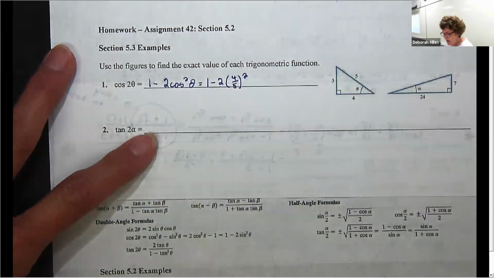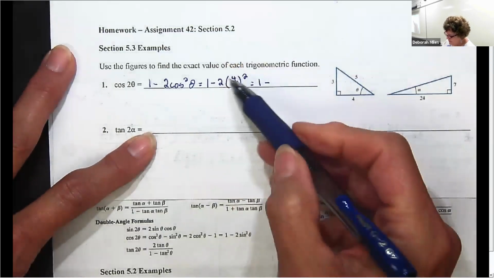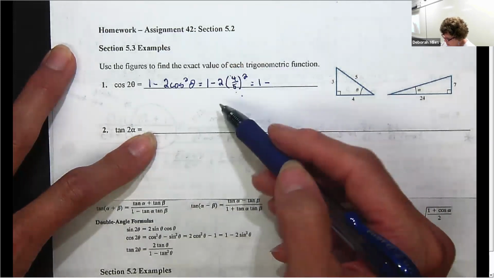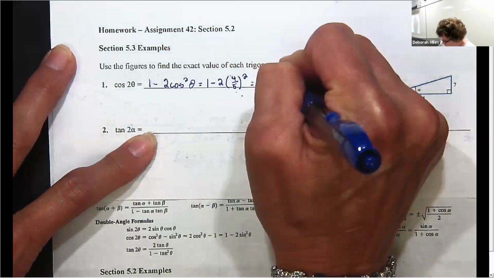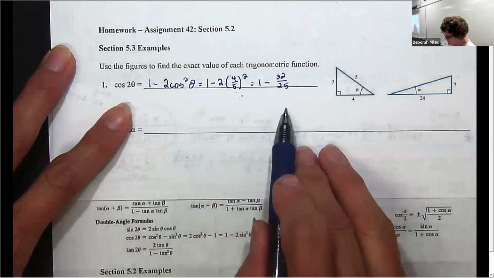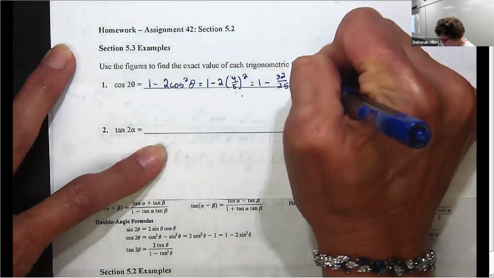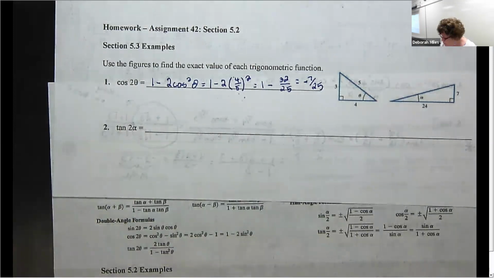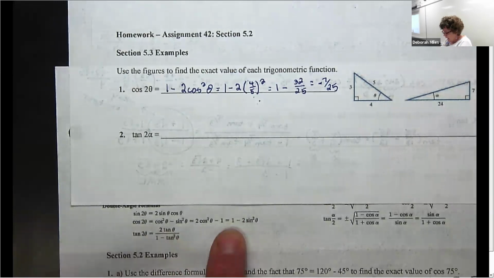And you should be able to work that out with a calculator or without a calculator. 4/5 squared is 16/25. Double that would be 32/25. Let me double check it. 4/5 squared is 16/25 times 2 is 32/25. So when you subtract, you get negative 7/25. We were using the last of these 3 formulas. We could use any one of those 3 formulas.